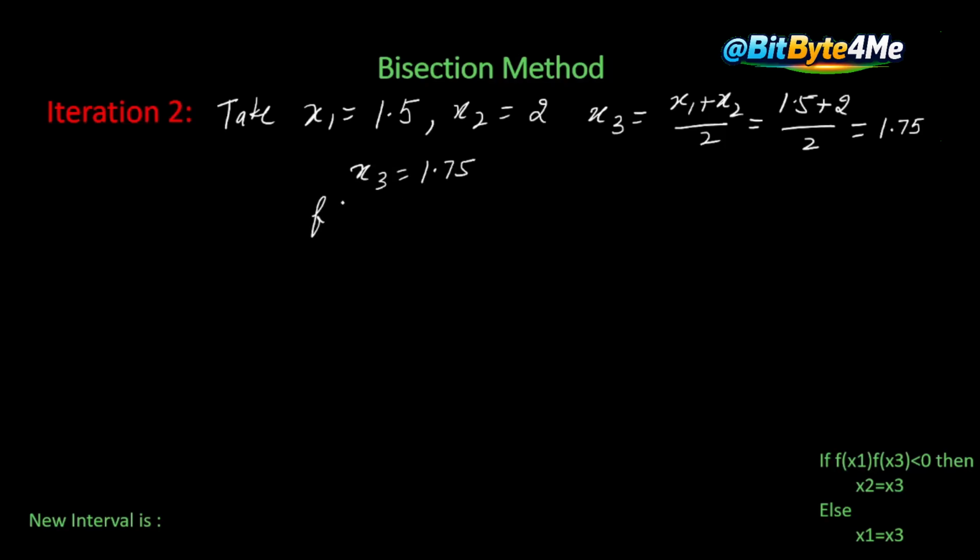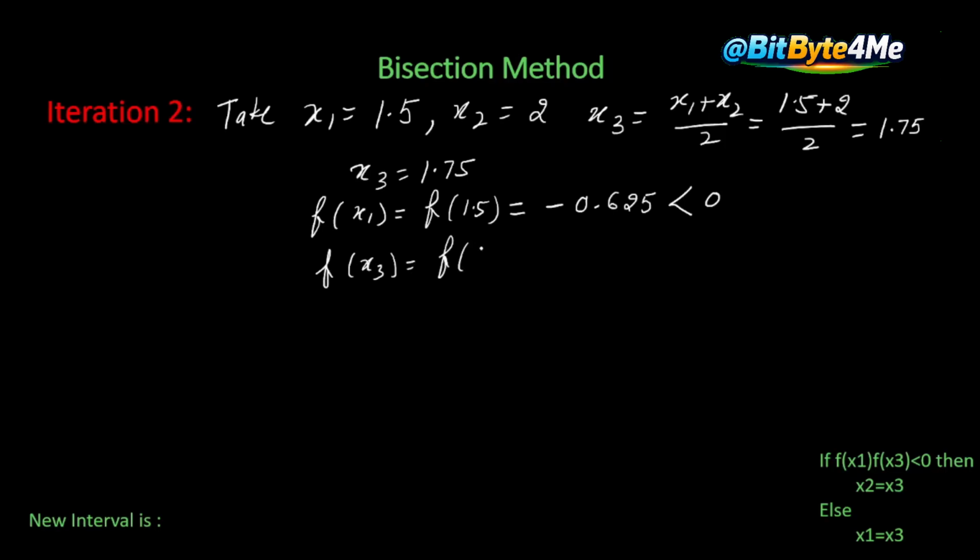So find out the value of f(x1), which is the same as we calculated in the previous iteration, that is minus 0.625, which is less than 0. And the value of f(x3), that is f(1.75), because the value of x3 is 1.75.